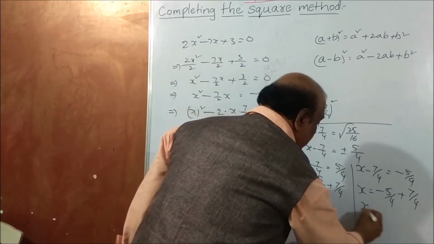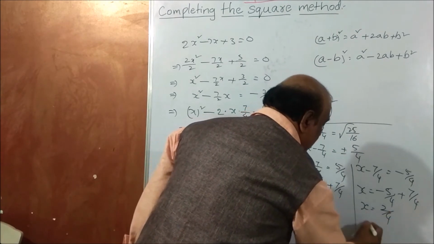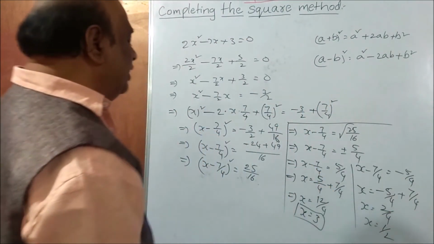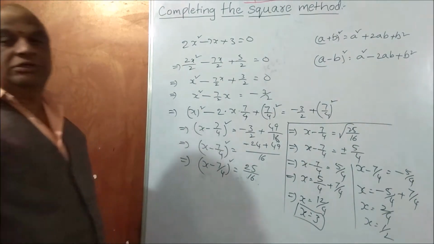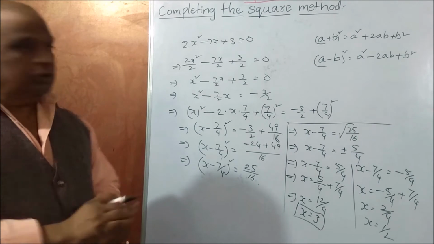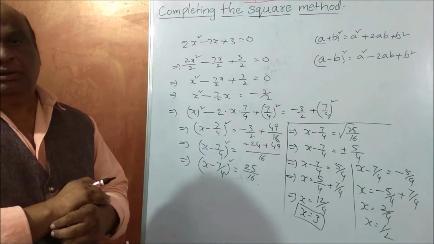That is x is equal to 2 by 4. So x is equal to 1 by 2. So ultimately we are getting the answer x is equal to 3 or 1 by 2. So this is the completing the square method.